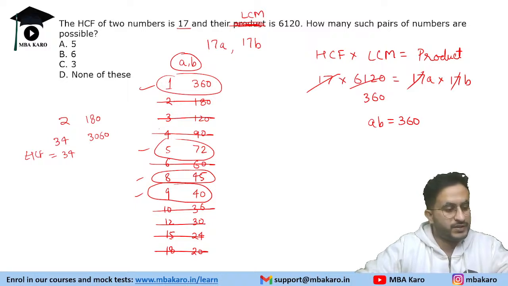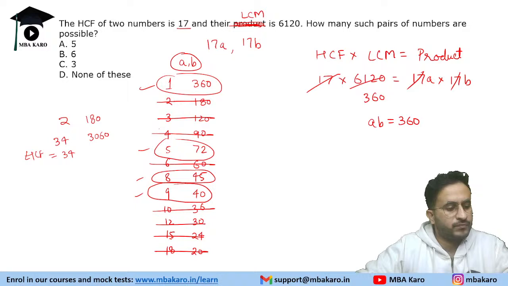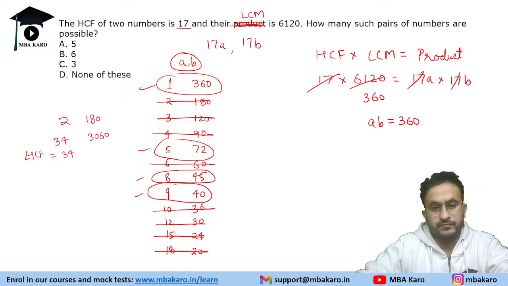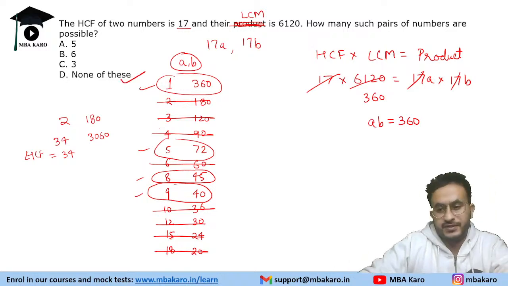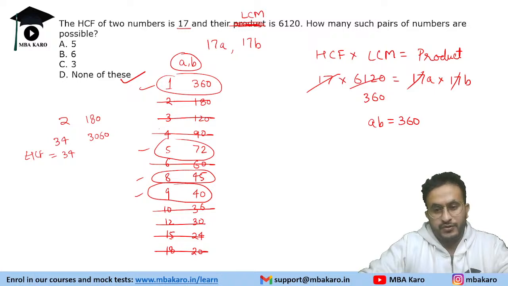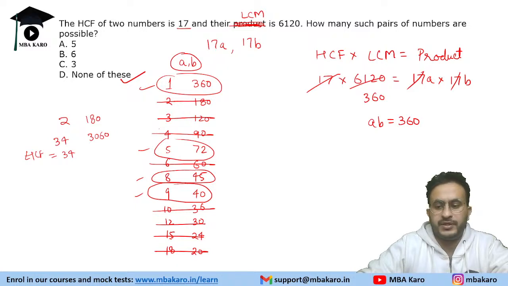So the answer is none of these. In examination, remember, those who appeared in the first examination say the answer 'none of these' comes in some questions. Okay, the answer is 4 pairs.